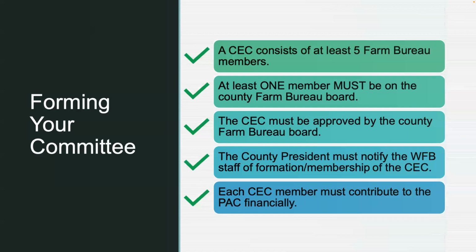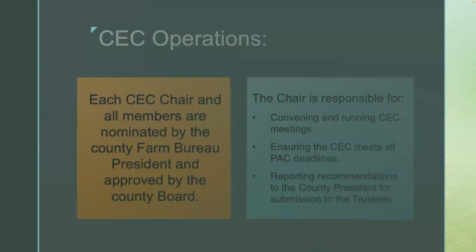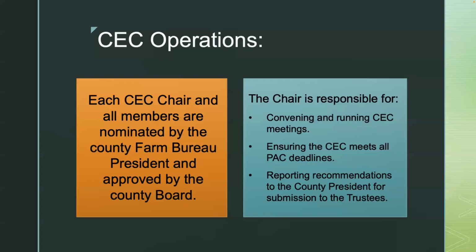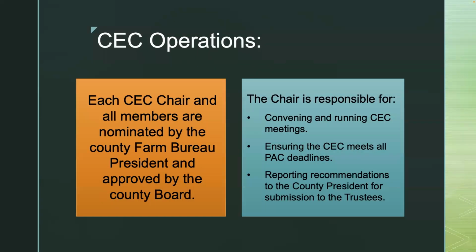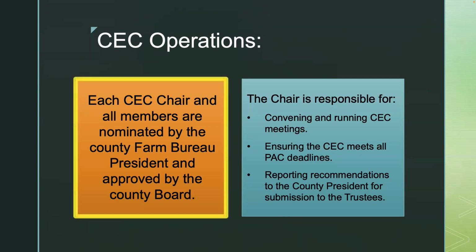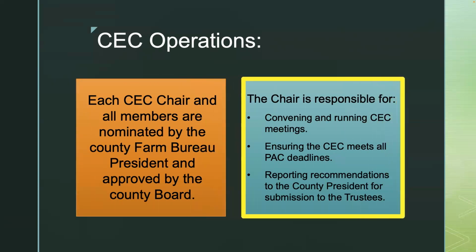Then moving on, okay, once the CEC has been formed, what now? So each CEC chair and all members are nominated, like I said, by the County Farm Bureau president and approved by the county board. Now, the responsibilities of the chair of the CEC, and that chair is determined by the members of the CEC.